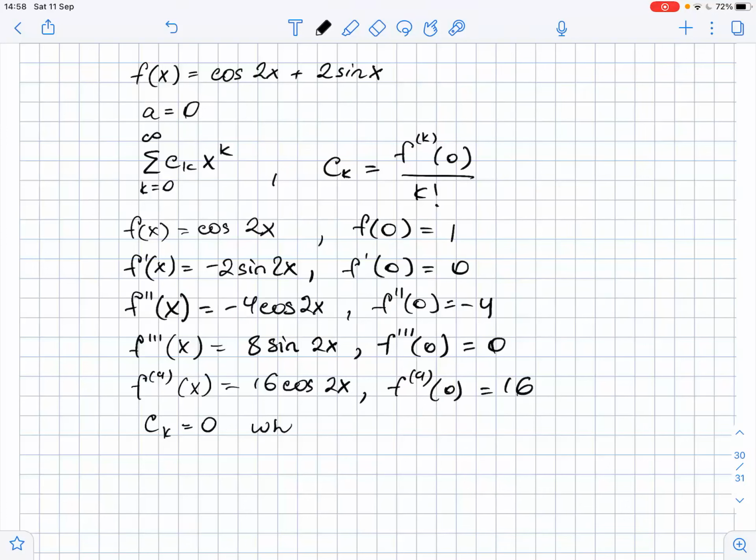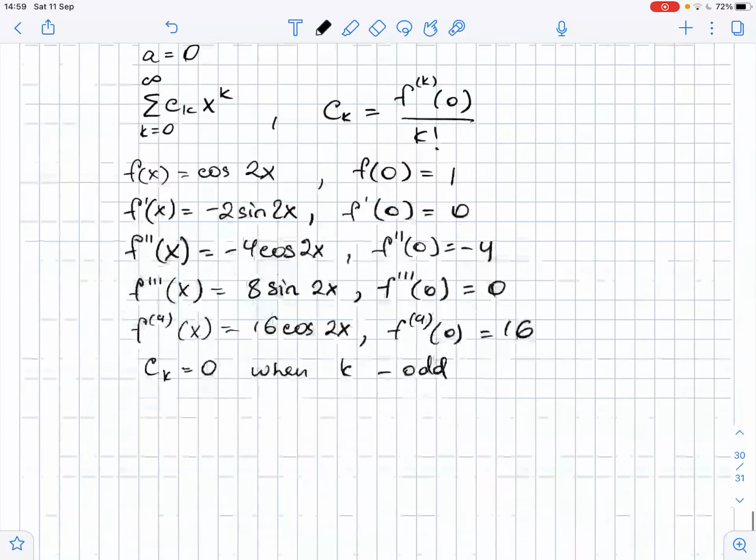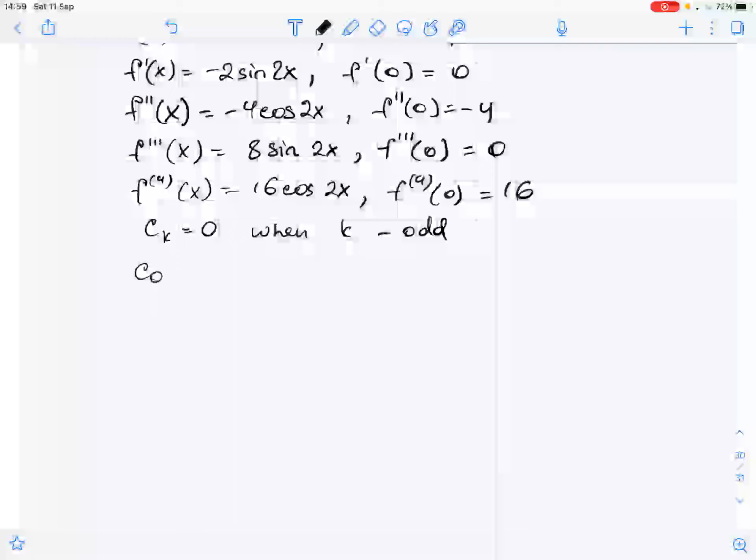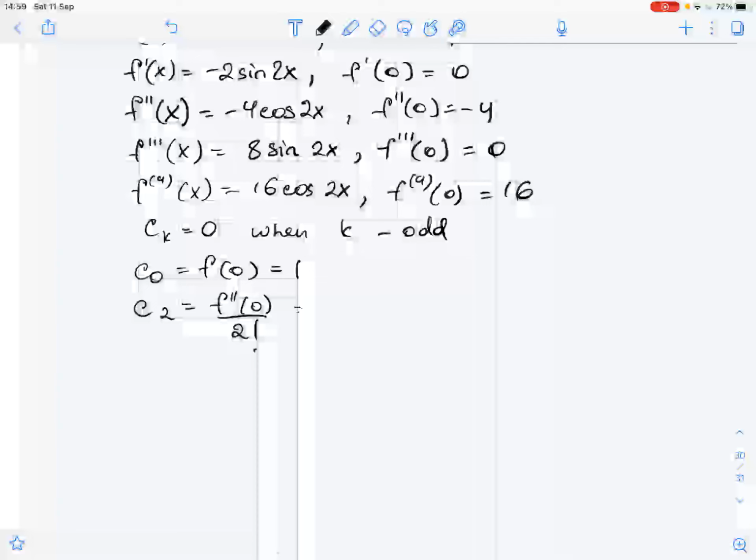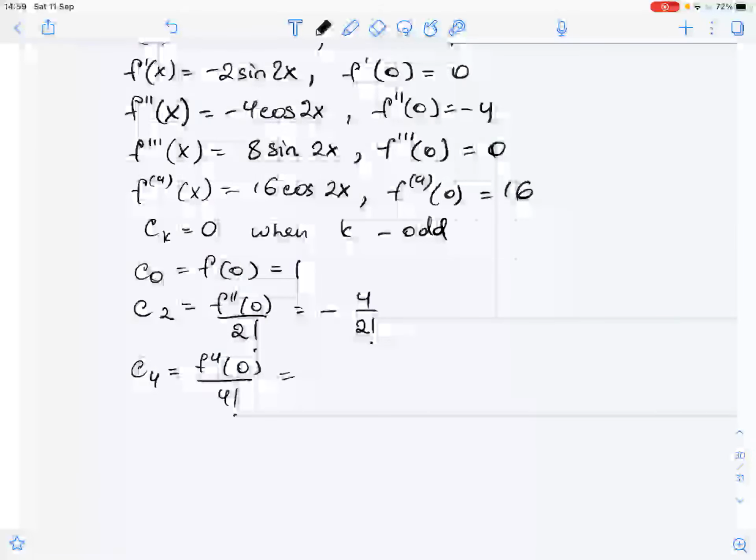Well, then we get that c_k equals 0 when k is odd. Then using the even order derivatives, we get that c0 equals f(0), so it equals 1. c2 equals the second order derivative of f at 0 over 2 factorial, so it equals -4 over 2 factorial. c4 equals the fourth order derivative at 0 over 4 factorial, so it equals 16 over 4 factorial.